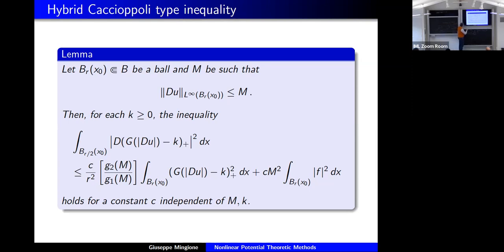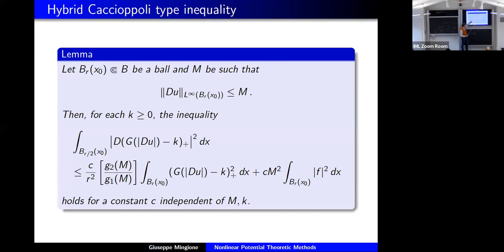And here you see the typical Caccioppoli inequality satisfied by subsolutions. Assume that this is not here, and this is not here when this is uniformly elliptic. So this is the standard Caccioppoli inequality satisfied by subsolutions.